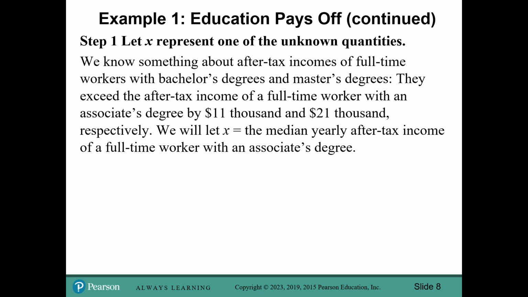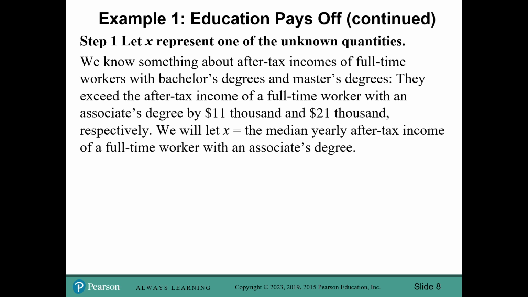Step 1. Let x represent one of the unknown quantities. We know something about the after-tax incomes of full-time workers with bachelor's degrees and master's degrees. They exceed the after-tax income of a full-time worker with an associate's degree by $11,000 and $21,000 respectively.